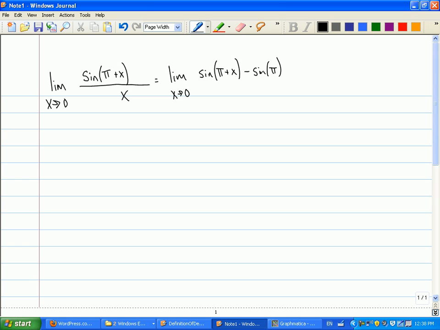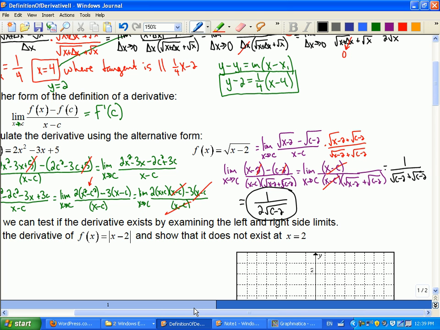Because the sine of pi is 0, I'm not actually subtracting anything. And now the limit looks like the definition of derivative. This is equal to the derivative of sine at pi. So even though we'll have better techniques, it doesn't mean you can get away with forgetting that this part was here. And of course, we will practice this specifically, but that's more so you do need to recognize it. You don't need to be proficient like we've been doing here.